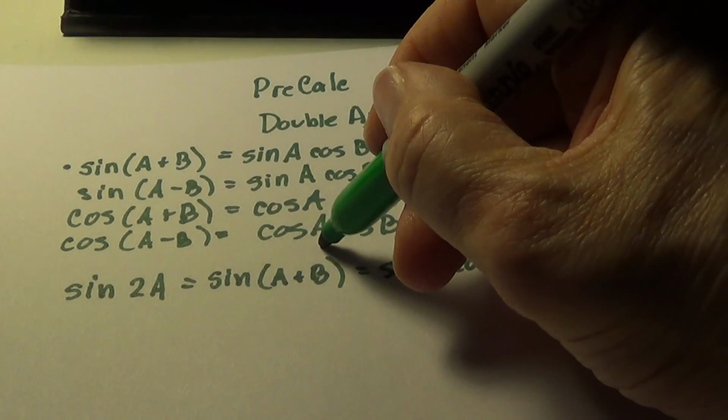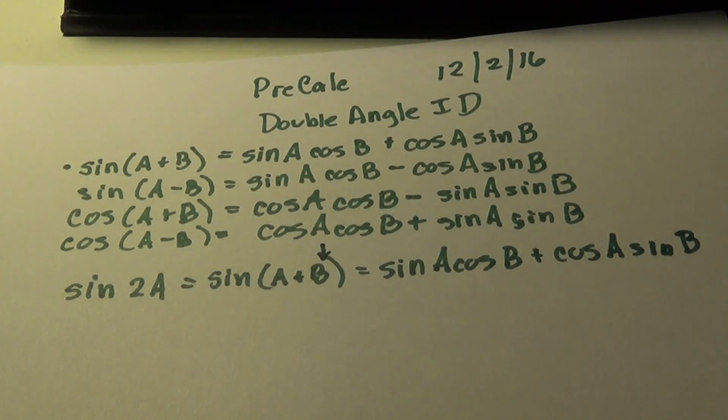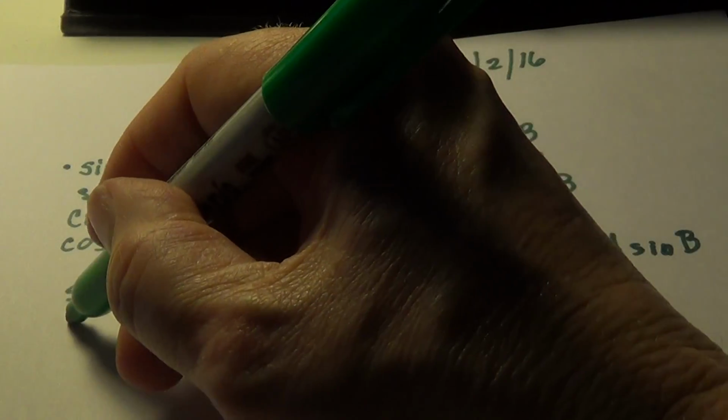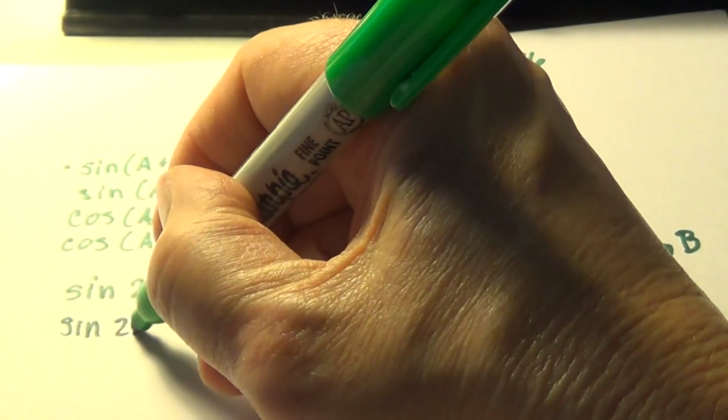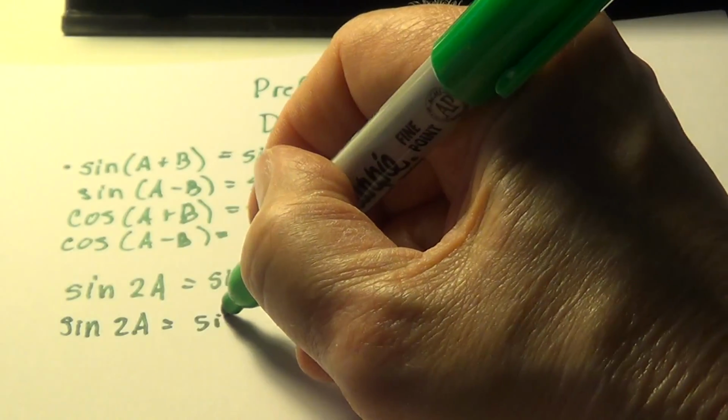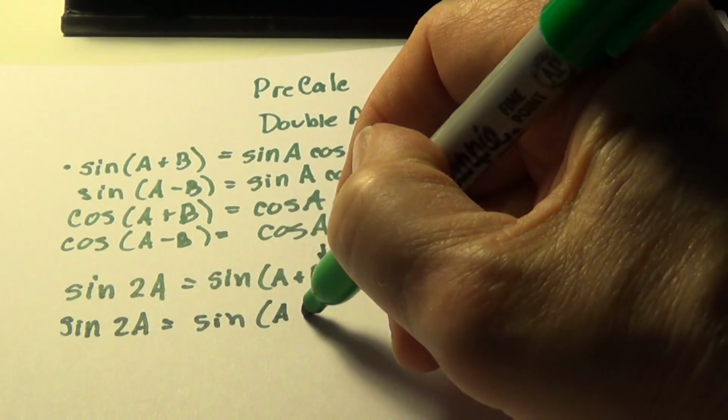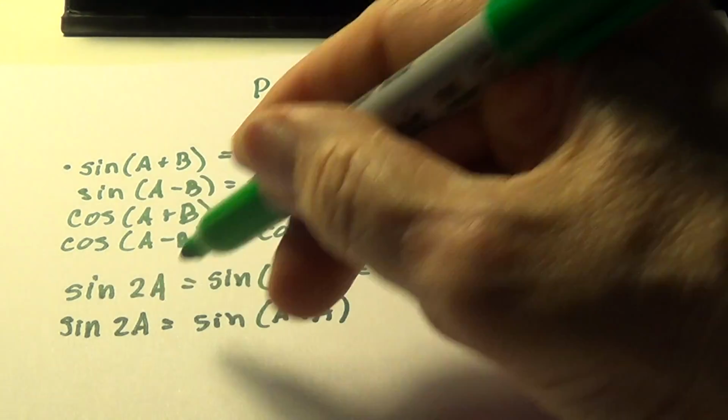Well, if I look right here, I could replace B with A. So then I have sine of 2A equals sine of A plus A. That is equal to 2A.